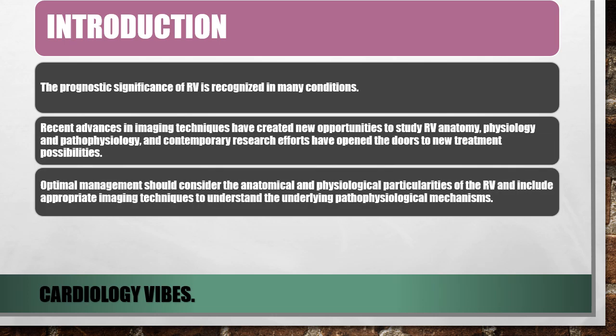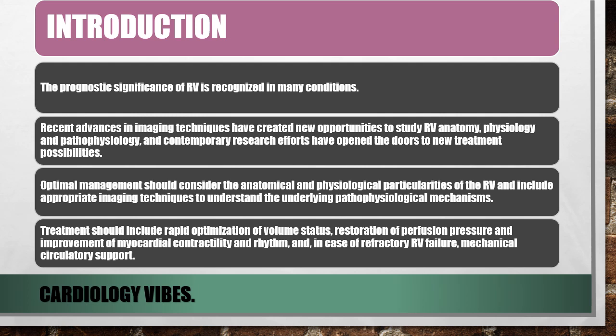Optimal management should consider the anatomical and physiological particularities of the right ventricle and include appropriate imaging techniques to understand the underlying pathophysiological mechanisms. The treatment of right ventricular failure should include rapid optimization of volume status, restoration of perfusion pressure, and improvement of myocardial contractility and rhythm, and in case of refractory right ventricular failure, mechanical circulatory support.